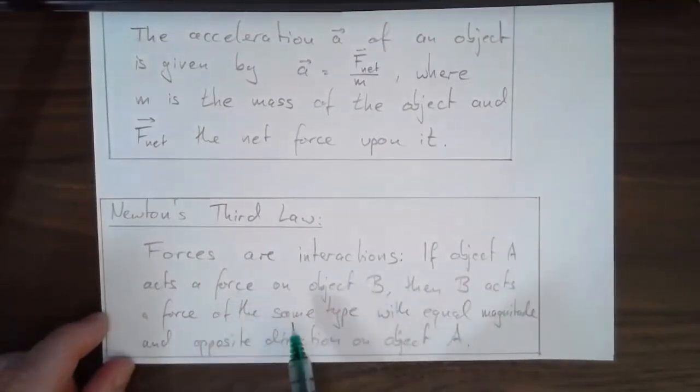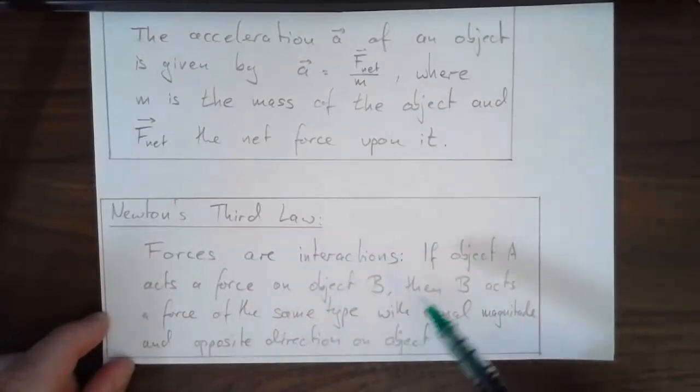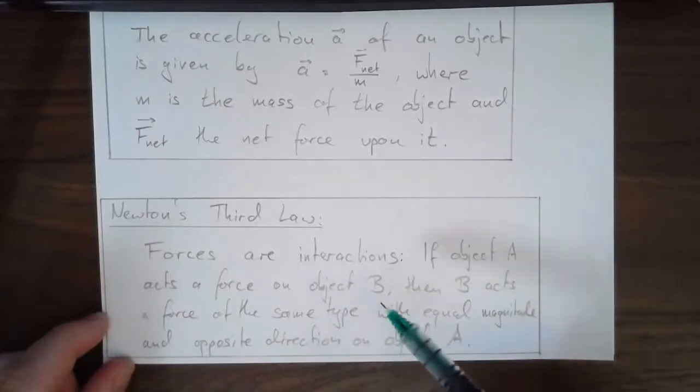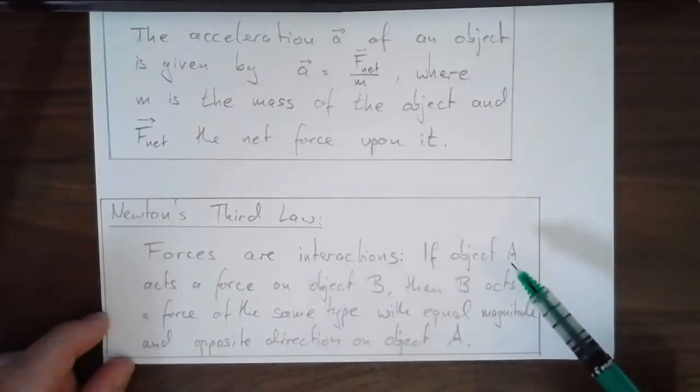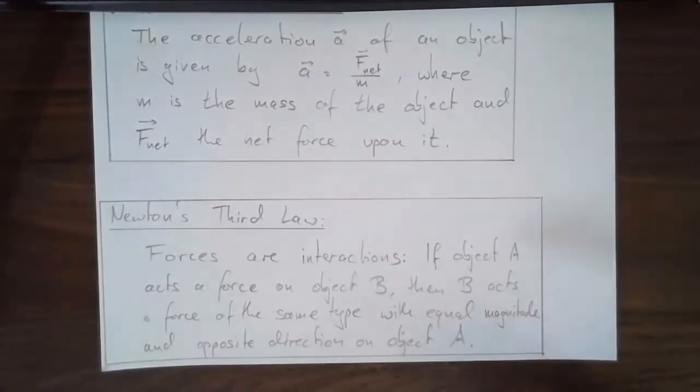And why did I do that? Well, if object A exerts a force on object B gravitationally, then object B is going to exert a force on object A gravitationally. If it's a contact push force, like a normal force, then that's going to go both ways. So it's not just that there's a force going the other way, it's also a force of exactly the same type.